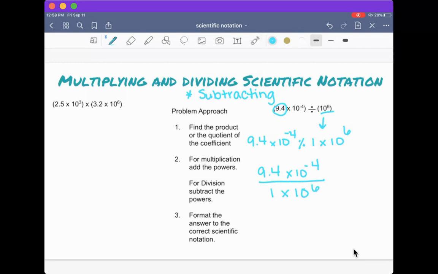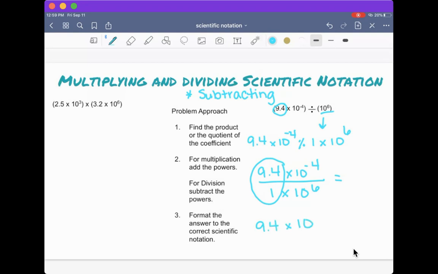That means the same thing. We're going to divide, so we're going to divide the coefficients first. We're going to find the quotient of 9.4 divided by 1. And we know whenever you divide anything by 1, you get the same number. So I'm going to get a coefficient of 9.4.